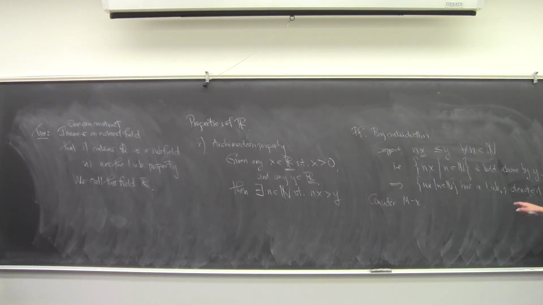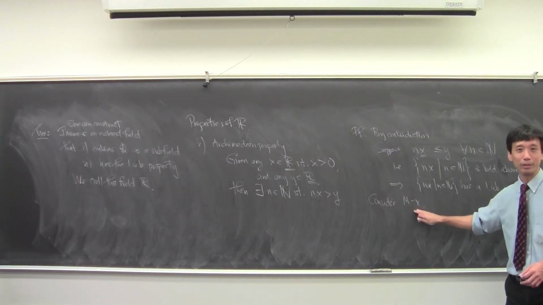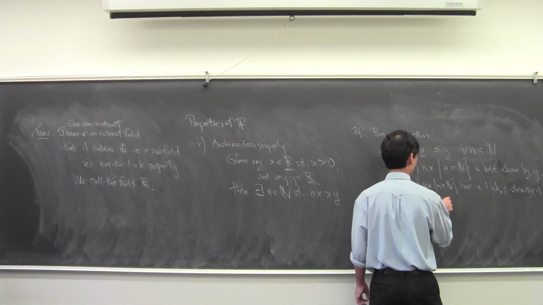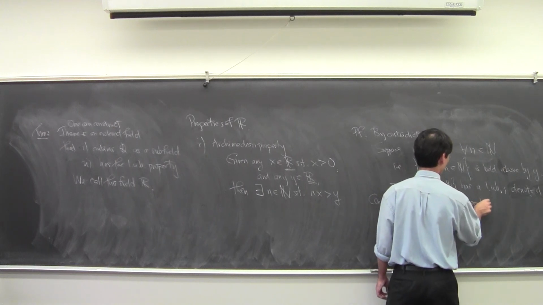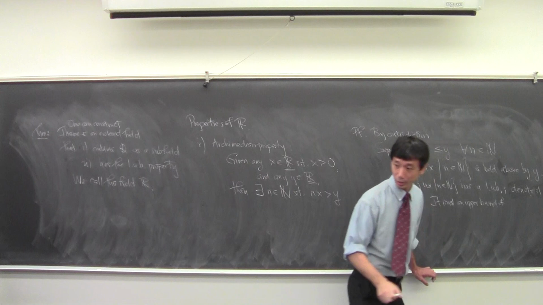M is the least upper bound, so we know that m minus x is not an upper bound of the set.